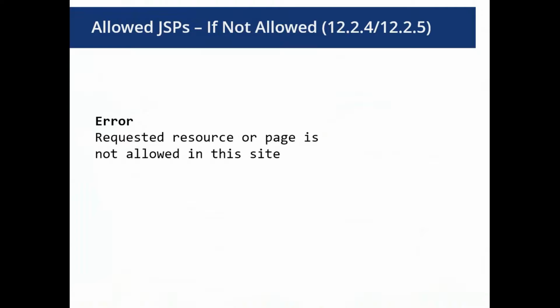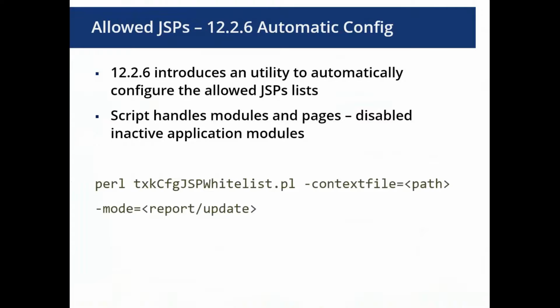It just pops up with this very generic, simple message. 12.2.6, a little bit better, but it's just basically forbidden. So again, it's not the most user-friendly feature at the end of the day, but from a security perspective, it is very effective.